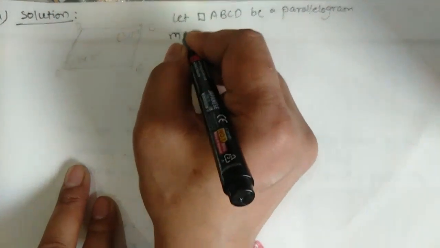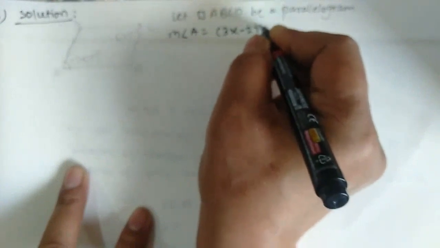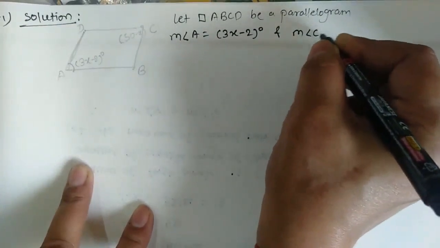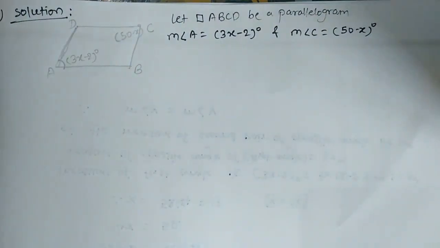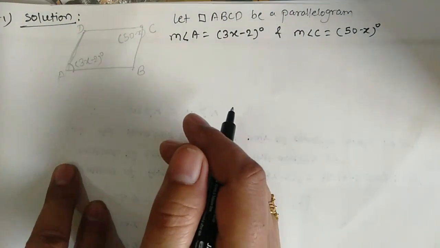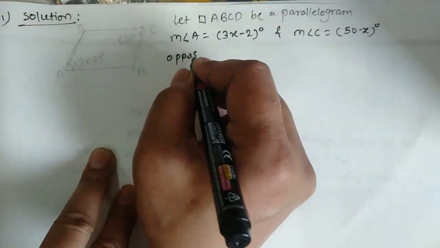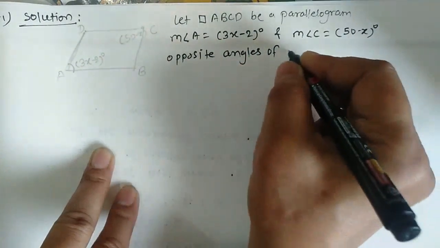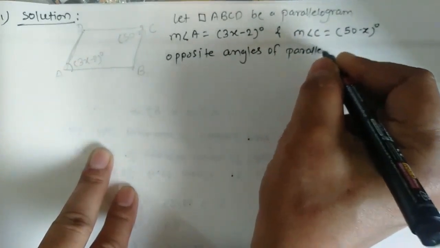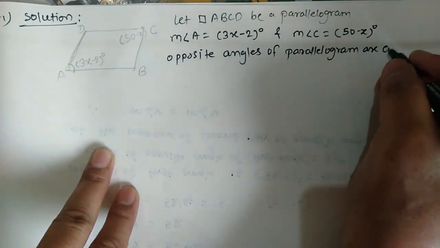And the measurement of angle A is equal to 3x minus 2 degree and measurement of angle C is equal to 50 minus x degree. And we know that opposite angles of parallelogram are congruent.